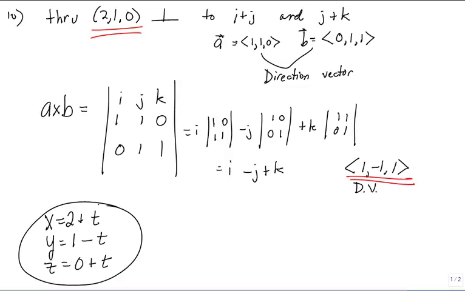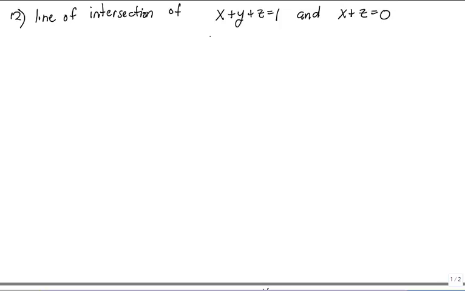Let's look at number 12. I want the line of intersection of the two planes x plus y plus z equals 1 and x plus z equals 0. So the normal vector for this plane is (1, 1, 1), and the normal vector for this plane is (1, 0, 1). Those are the coefficients of x, y, and z.